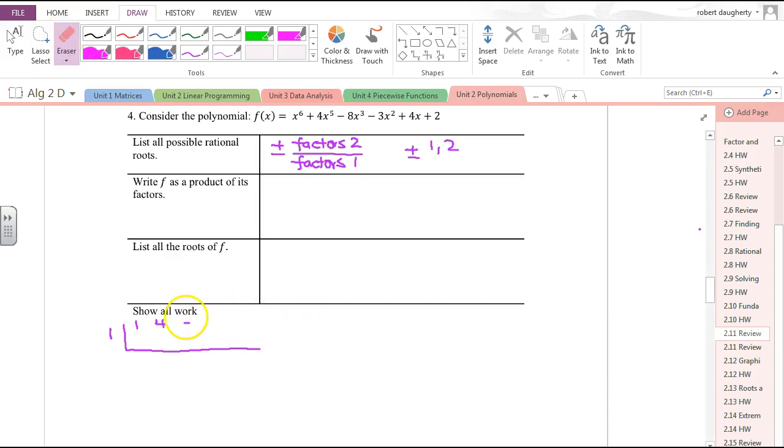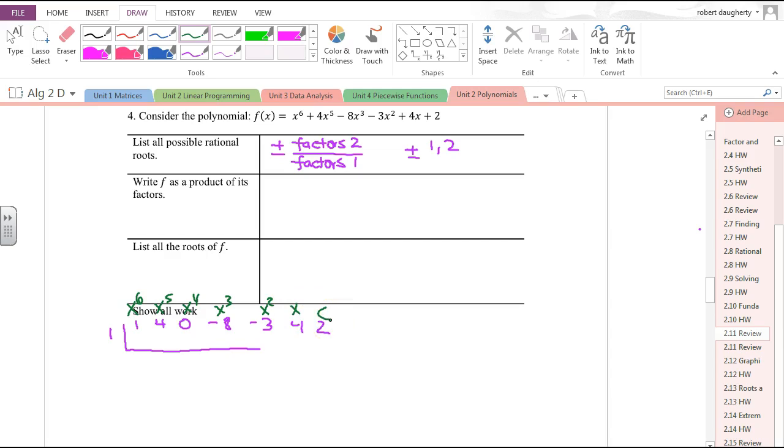So that is 1, 4, 0, minus 8, minus 3, 4, and 2. So just to get in the habit of checking, this is my x to the 6th, x to the 5th, x to the 4th, x cubed, x squared, x, and constant.